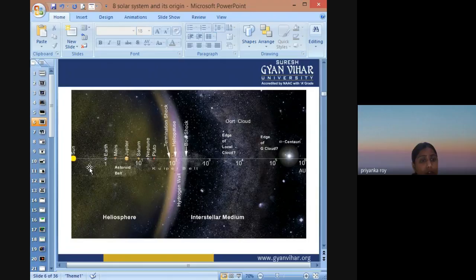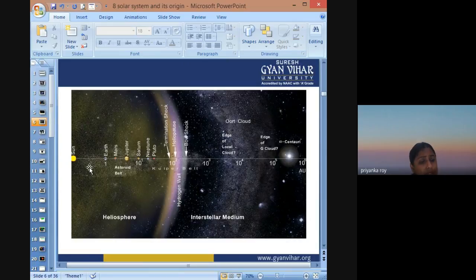They are small with solid rocky surfaces, and after them there is an asteroid belt, and after the asteroid belt we have Jupiter, Saturn, Uranus, Neptune and Pluto.